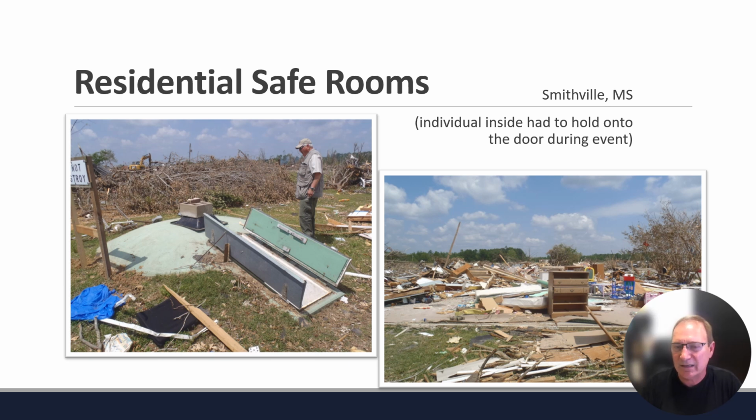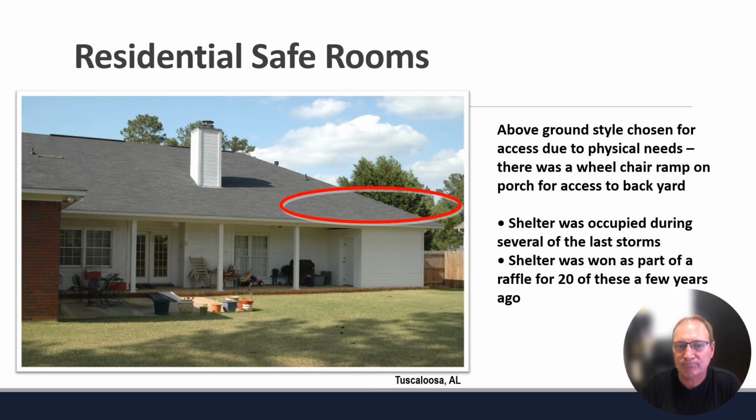They're fairly inexpensive, $5,000 to $10,000. It is about being sure that you have someone that can install it correctly and that it's code compliant. But these can be very important ways to be able to survive a tornado, and having these types of safe spaces.